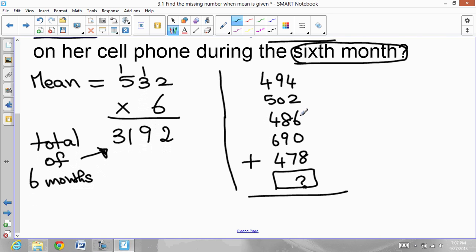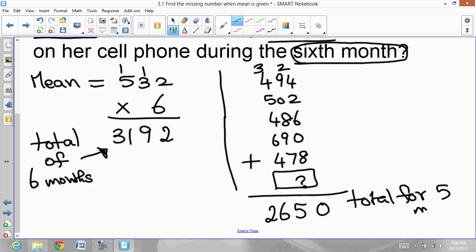So 8 plus 2 is 10, 16, 20, 8, 10, 19, 19 plus 9, 28, 28 plus 7, 35, 5, 9, 10, 11, 12, 22, 26, 2650. Now this is the total for 5 months.